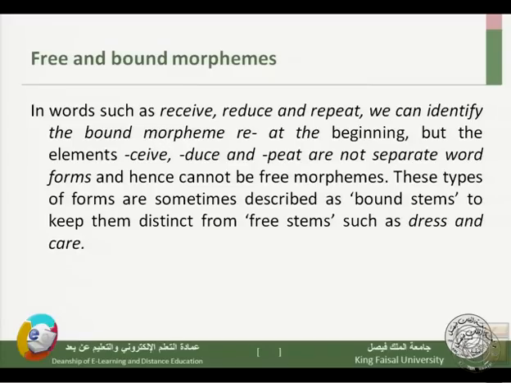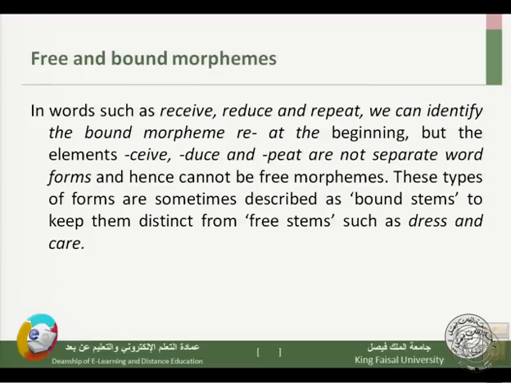Ceive, duce, peat are not separate word forms and hence cannot be free morphemes. These types of forms are sometimes described as bound stems. They are the stem, but a stem without meaning, okay? That's why we call it a bound stem, by analogy with a bound morpheme.